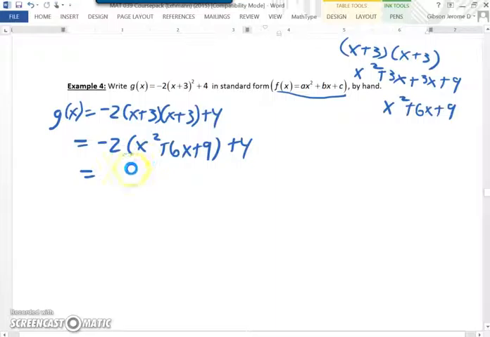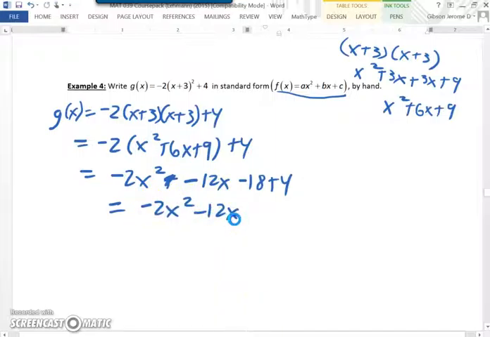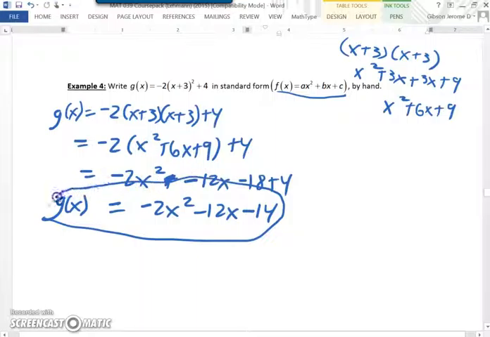So now we will multiply this by negative 2 to give us negative 2x squared, minus 12x minus 18 plus 4. So now we would combine like terms and it'd be negative 2x squared minus 12x, and negative 18 plus 4 would give us a negative 14. So this would be our final answer. Any questions?